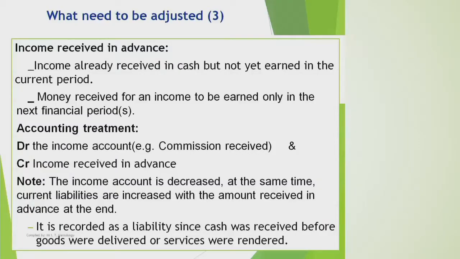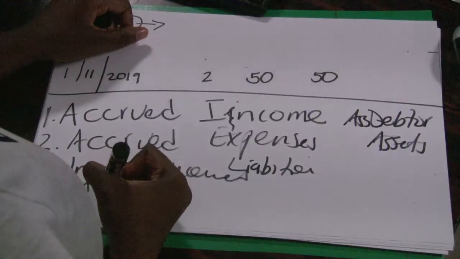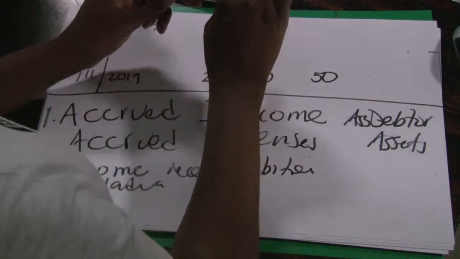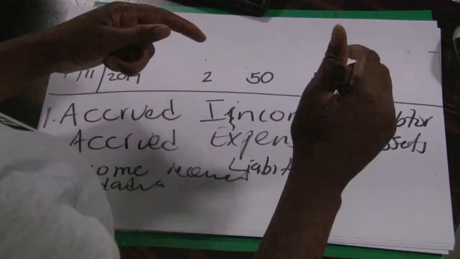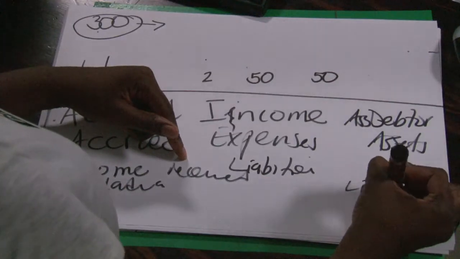Another concept is which we call income received in advance. Under what account is the income received in advance? This is a liability. Why?